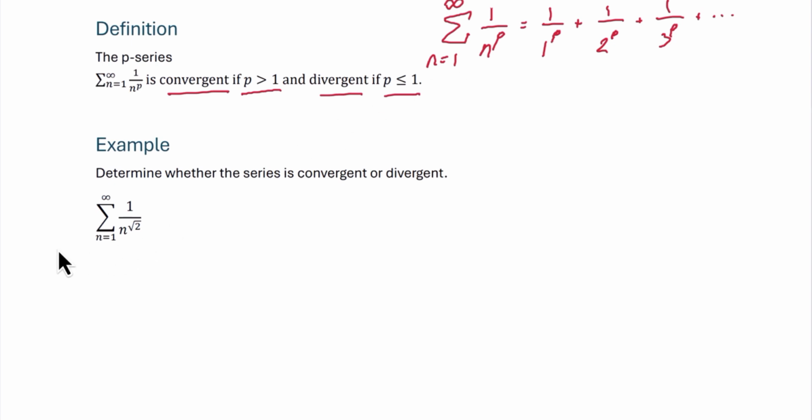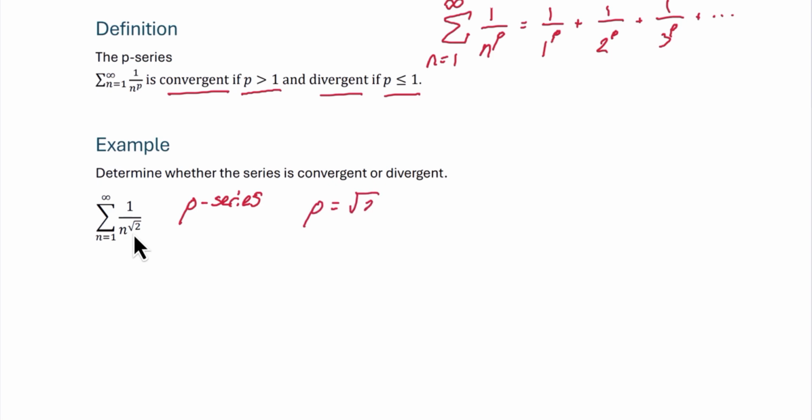For example, if we have 1 divided by n raised to the square root of 2. First of all, recognize that this is a p-series. And since it's a p-series, we really just need to look at the p-value. The p-value is the square root of 2.